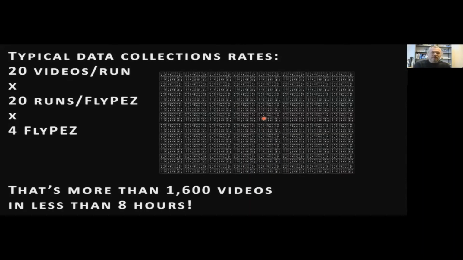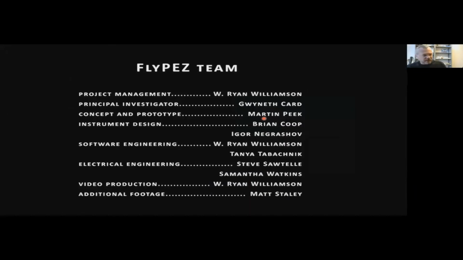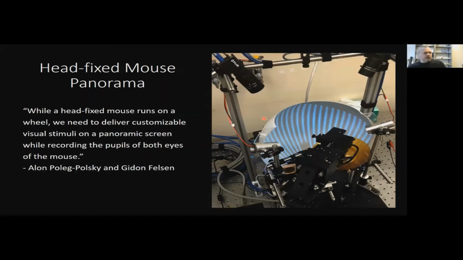So there's a lot of data to manage. So I also generated a data management pipeline where the users would curate each video, make sure that the data looked good, it was usable. And that's what I did for my postdoc.